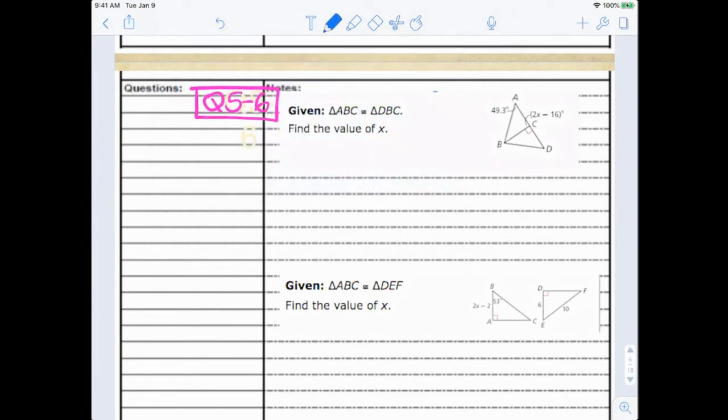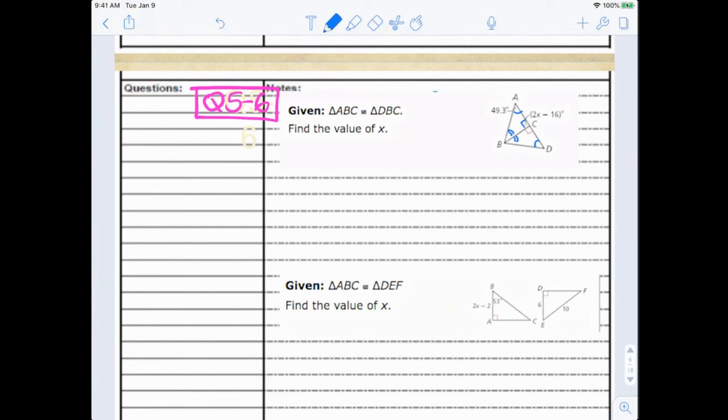So it gives us that ABC is congruent to DBC. So I know that A and D are congruent, fine. Obviously, I know C and C are congruent, and this B and this B are congruent. Okay, that's great. So how does that help me find the value of x?